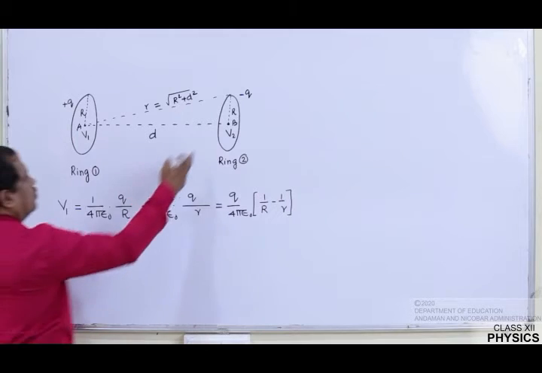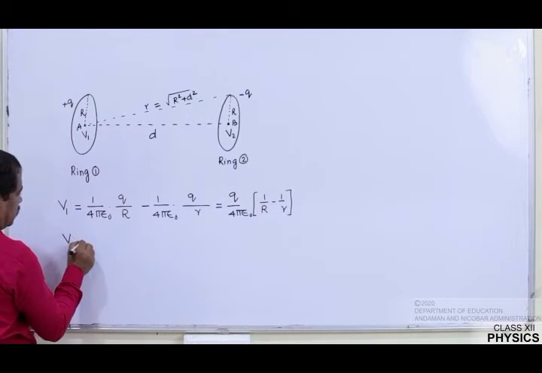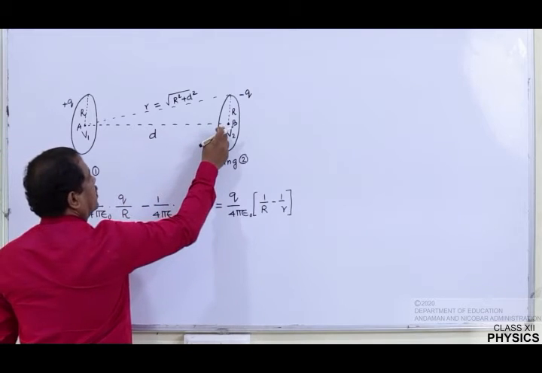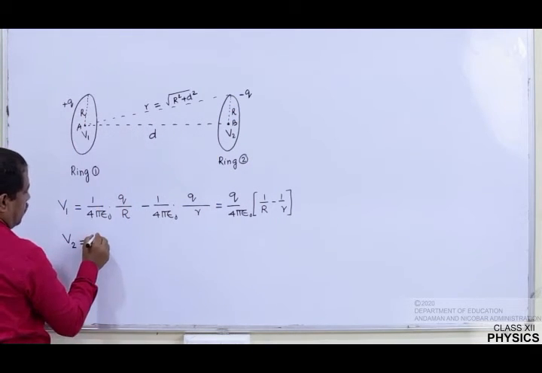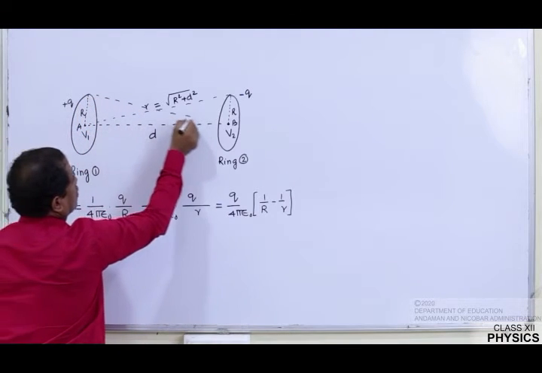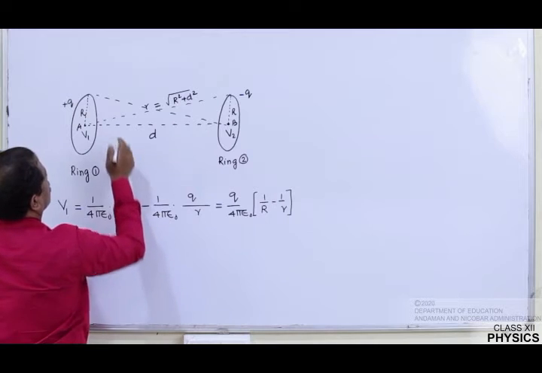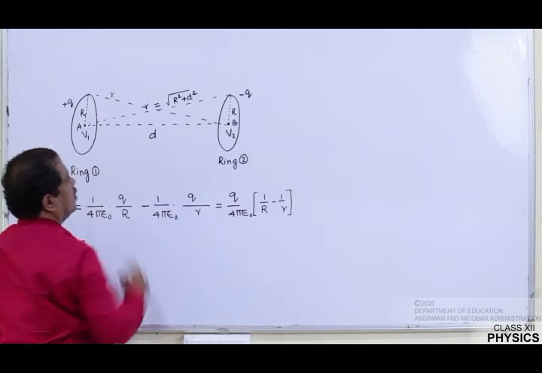Similarly, what about V2? At this point two potentials are acting, one due to the negative charge, another due to the positive charge. This distance is also equal to small r because these two rings are of equal radius.